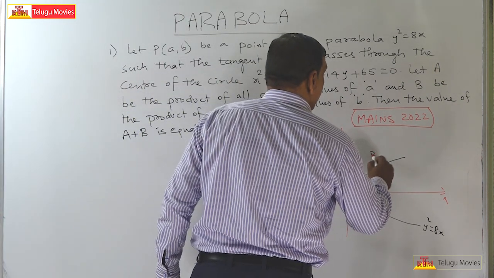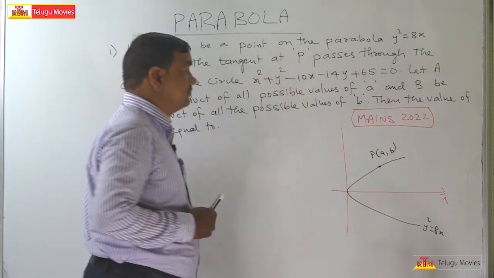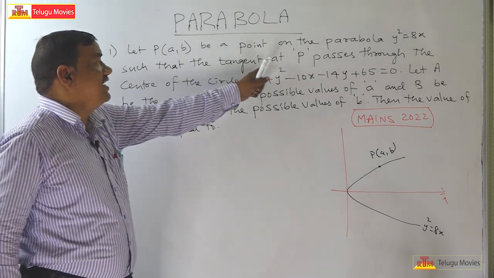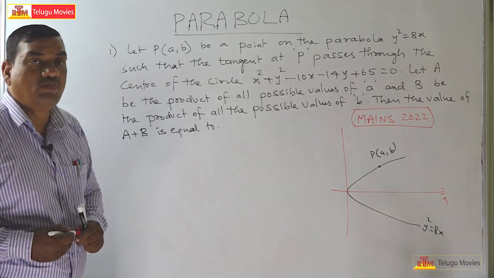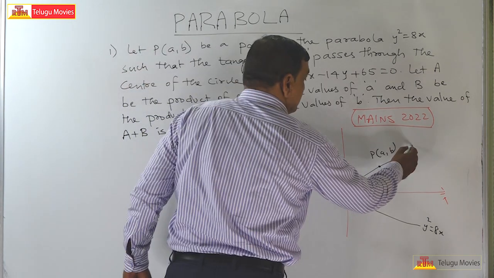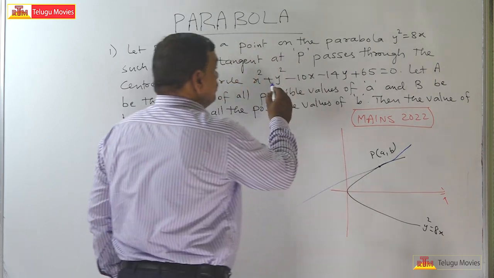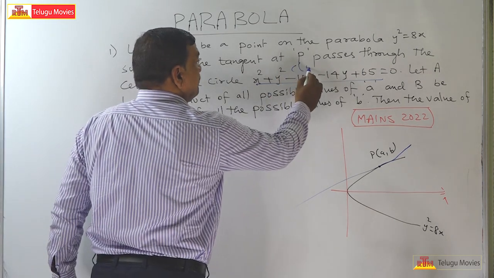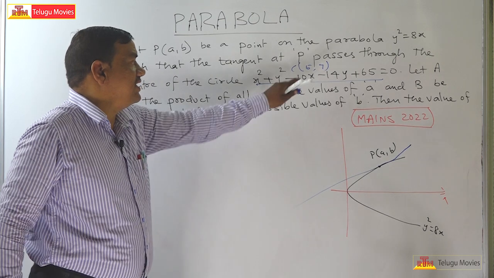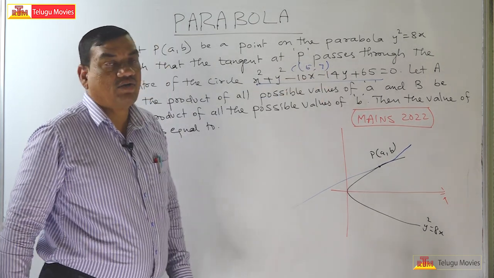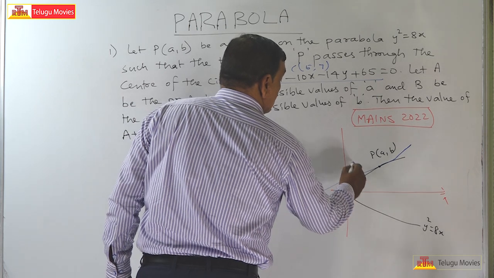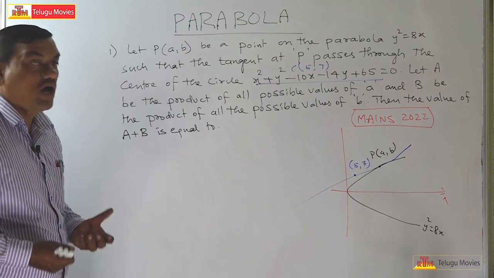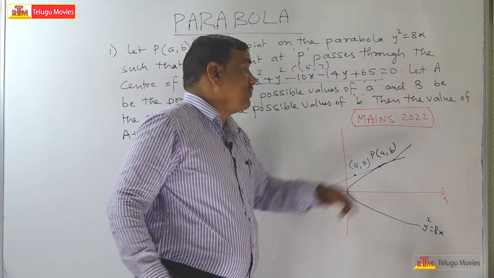The tangent at P passes through the center of the circle. What is the center of the circle? C is given as (5, 7), that is (minus g, minus f). So this tangent passes through (5, 7), the center of the circle. Then we have to find all possible values of a and b.